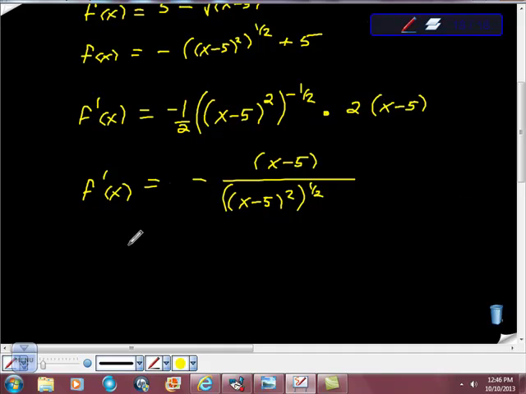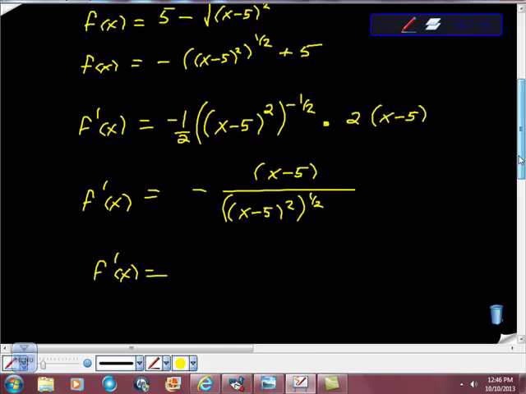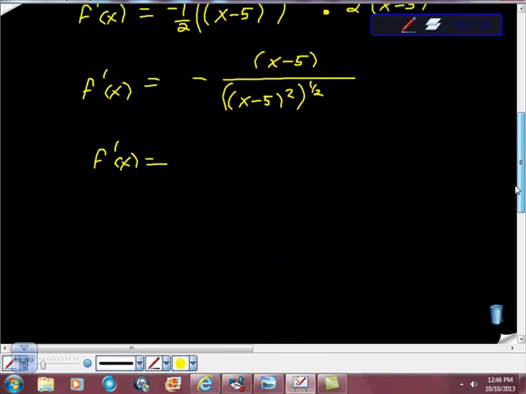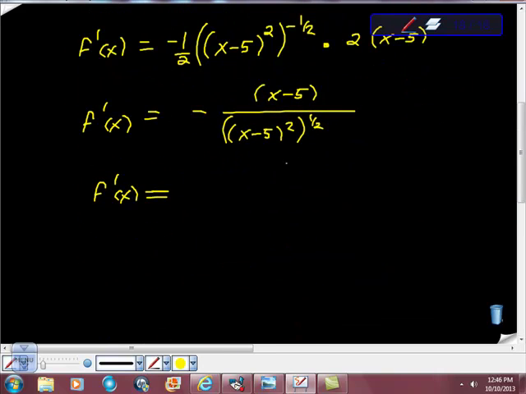Now all I'm asking you to do is to think about this carefully, because we talked about this at the beginning of the video, didn't we? That the absolute value of u, because this is not x, this is u, is equal to the square root of u squared, isn't it? And then if we did that, this would just turn into u, wouldn't it? But let this be the definition of absolute value of u. So look at this for a second. If we go back here at the top, we keep our x minus 5.